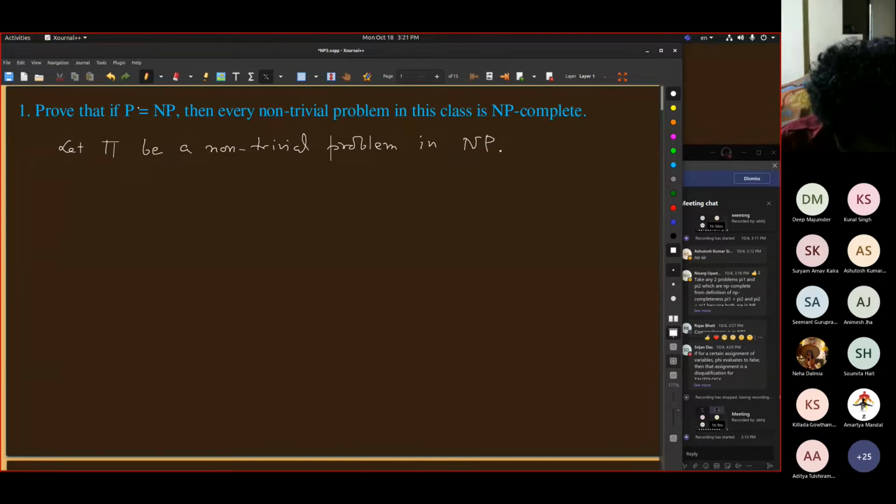Of course, I am starting with the fact that this is a problem in NP, and therefore, in order to prove that this is NP complete, it suffices to prove that it is NP hard.